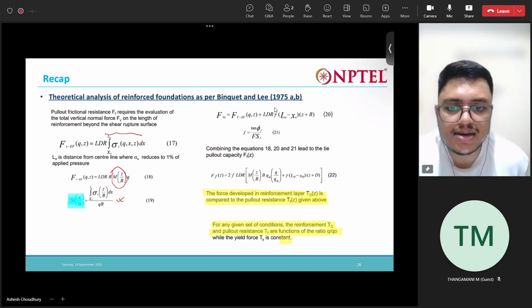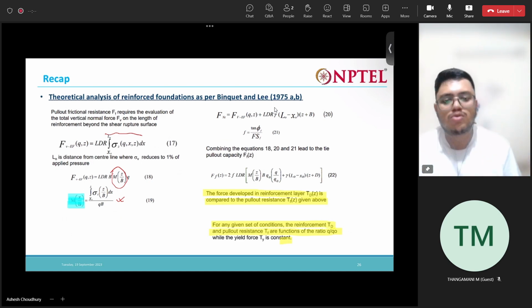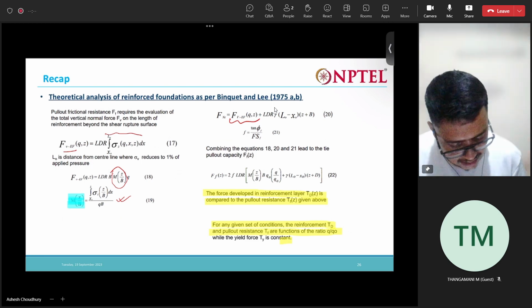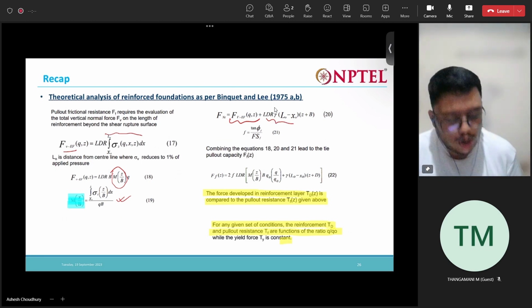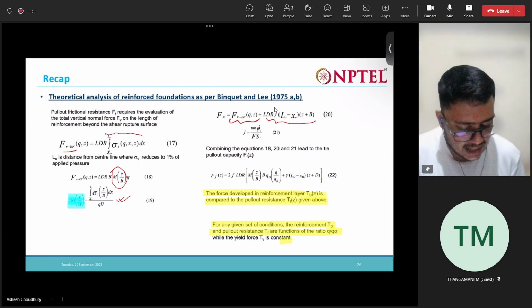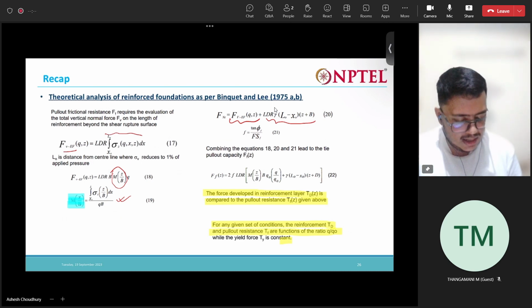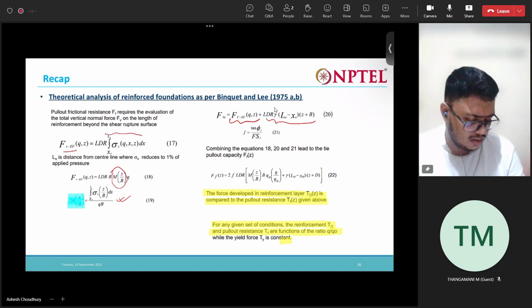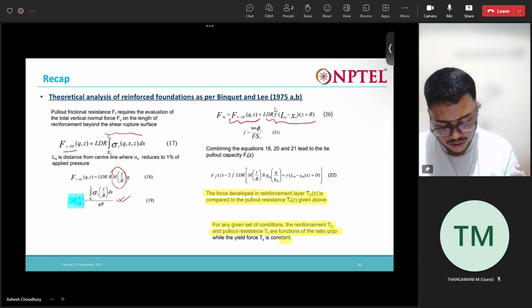So the total force that is coming is nothing but this VEF times this, which is the overburden pressure. If we see gamma times Z by B, Z plus B, sorry, not overburden.